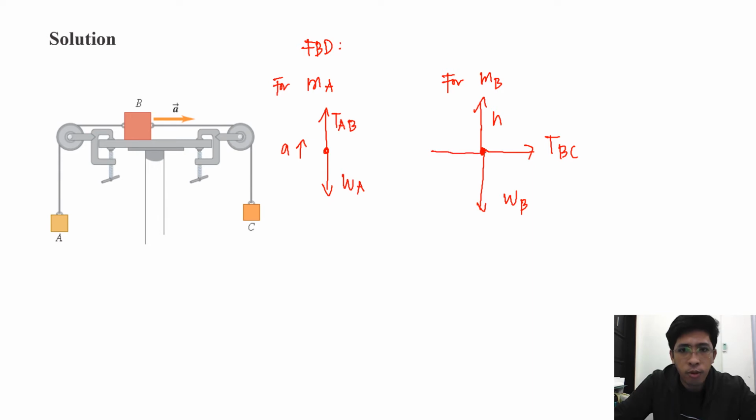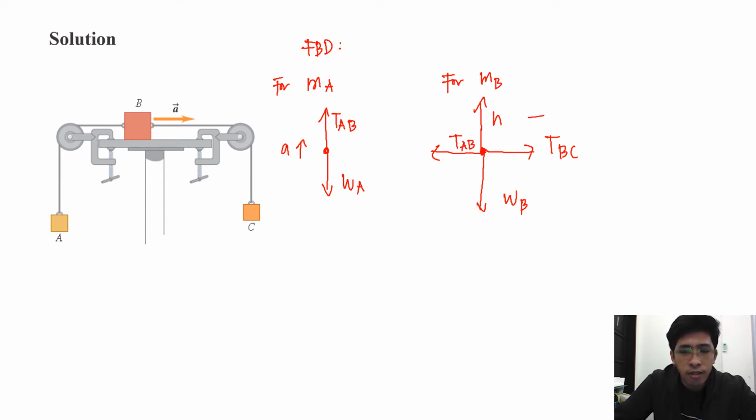You also have a cord to the left that also pulls block B. So this is TAB.